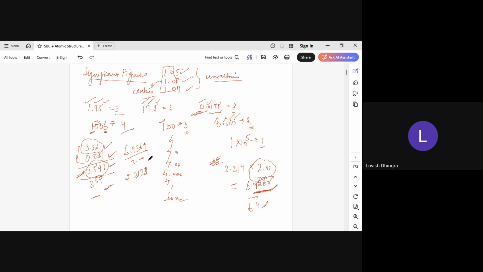What we discussed in the case of multiplication applies to division as well. Since 3.00 has 3 significant figures, my answer will be 2.31. The 2 and 3 will be neglected. Anyone having any doubt?